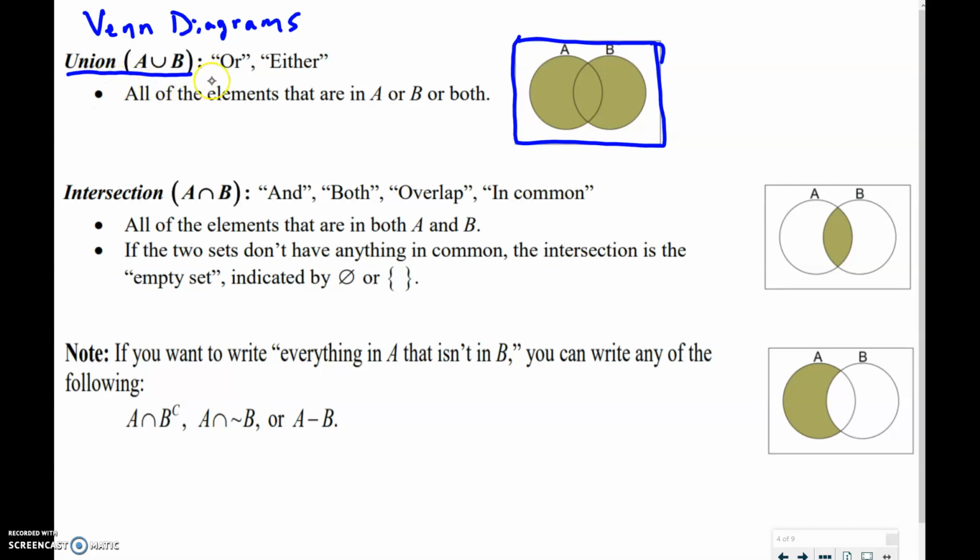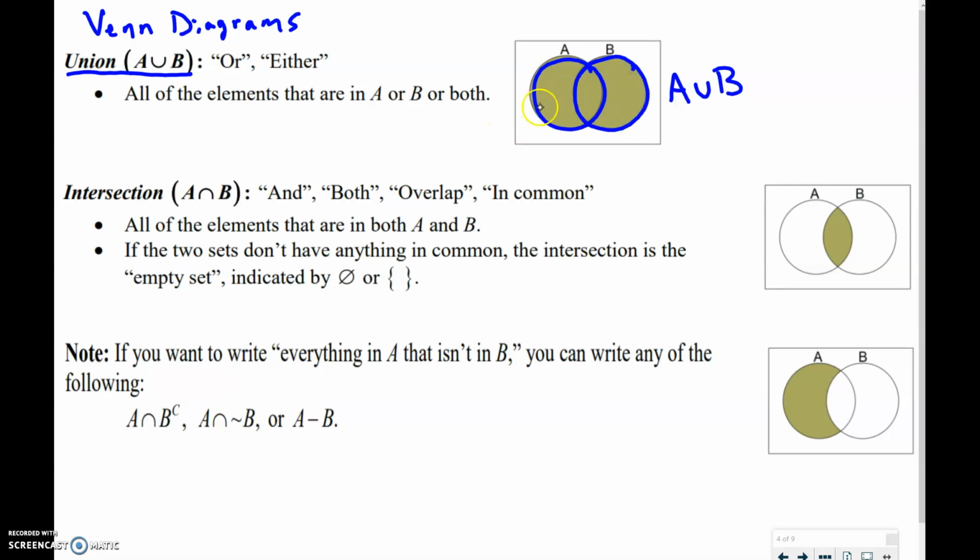So the U right there means union. And I'm just going to label this one over here so that we have the label right next to it. This is A union B. So what we do is we take all of the things that are in set A or event A and we combine that with everything that's in set B. The union is everything that is in A or B or both.